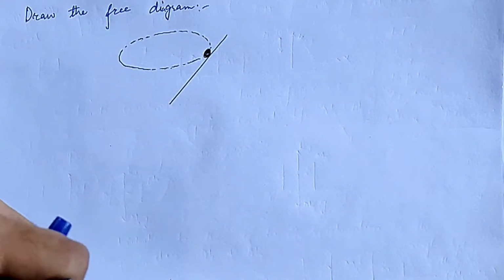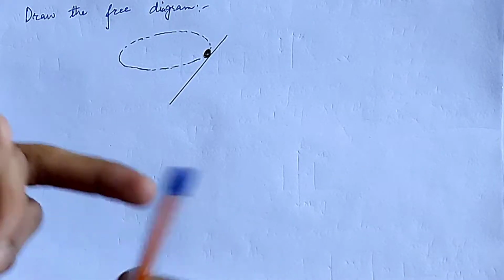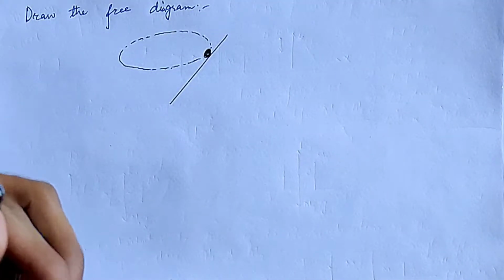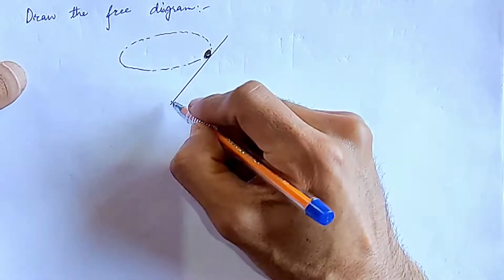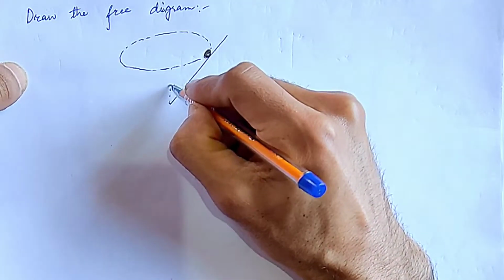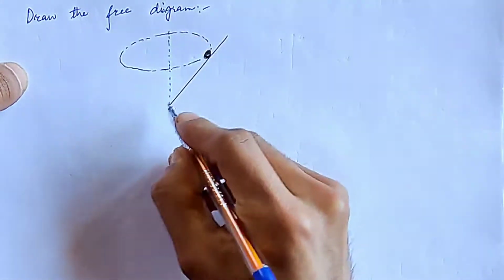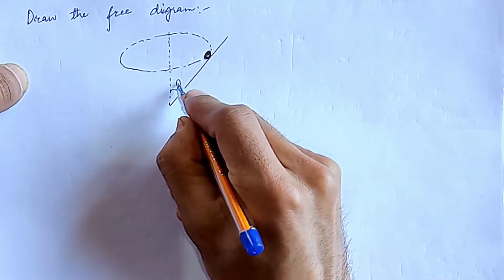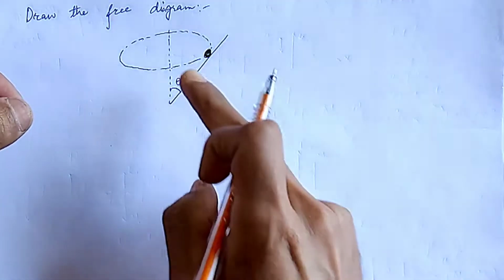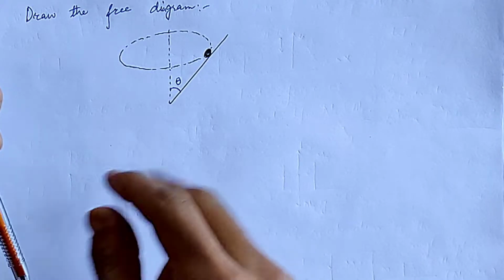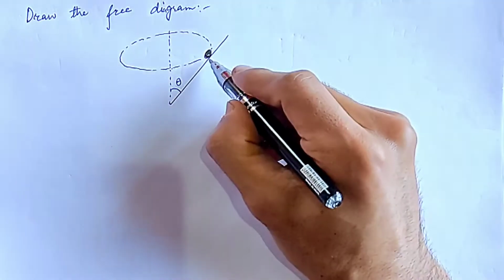Keep in mind this is the half angle of the cone which I have shown earlier. This is theta.